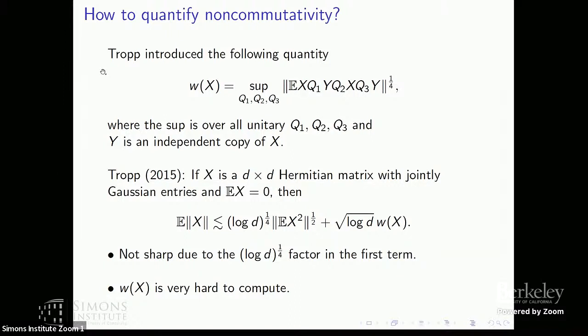How does this correspond to non-commutativity? First of all, this one is always less than or equal to this. But if X and Y commute, then this will be equal to this.